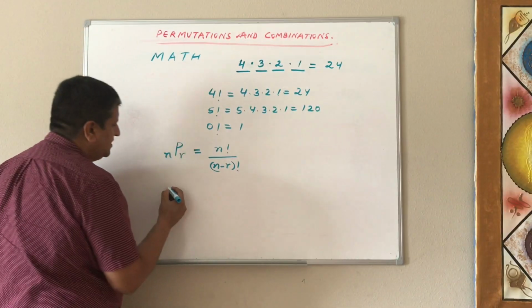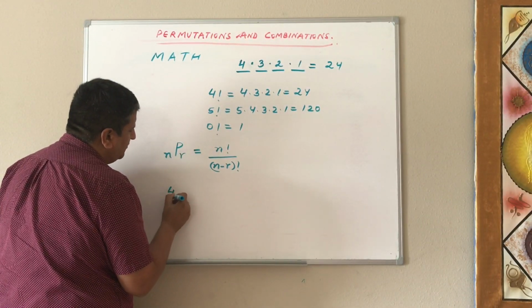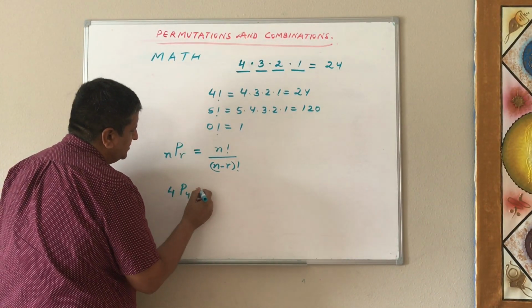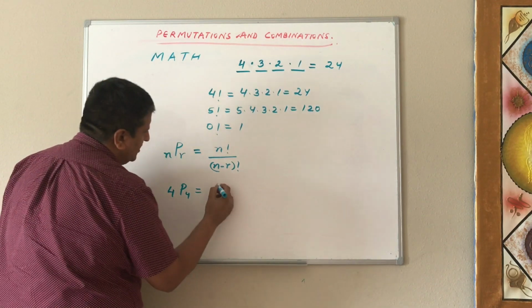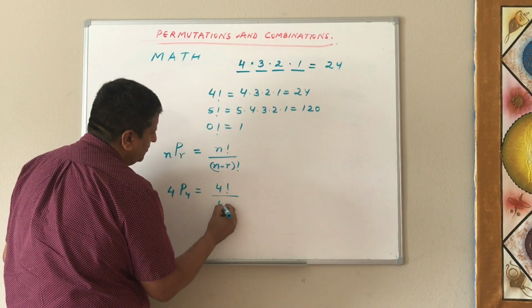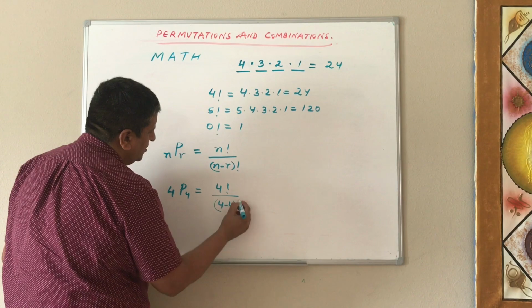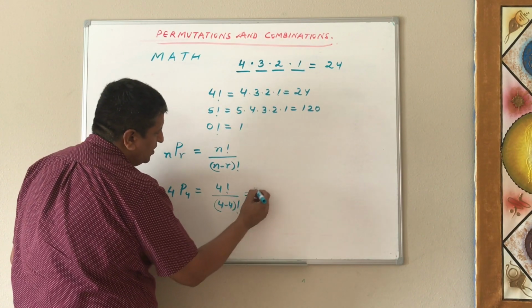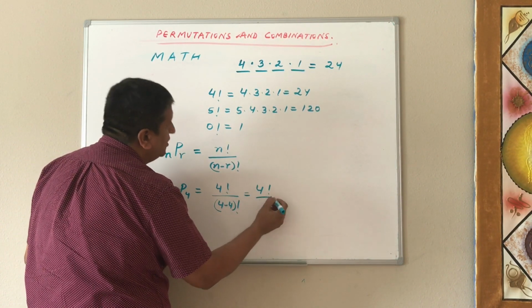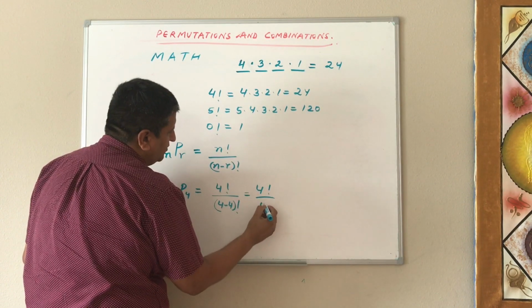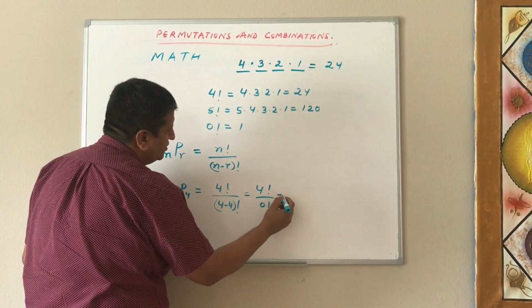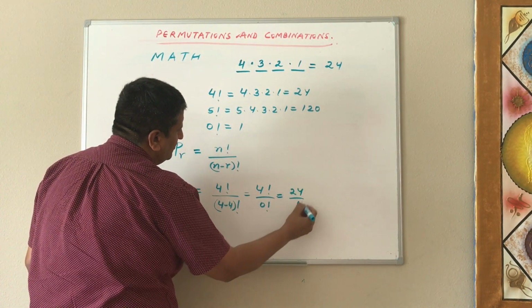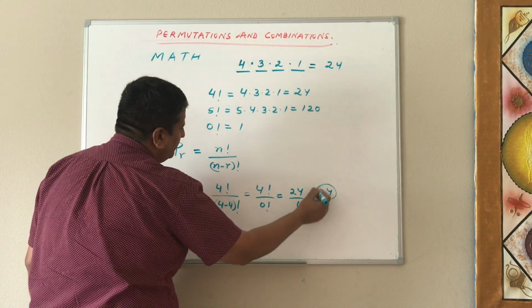In this case, we're picking all four of the letters. So you're going to say 4 factorial over 4 minus 4, which is 0 factorial, which is 1. So 4 factorial, which we just calculated as 24, and 0 factorial, which is 1. So 24 over 1, or simply 24 ways.